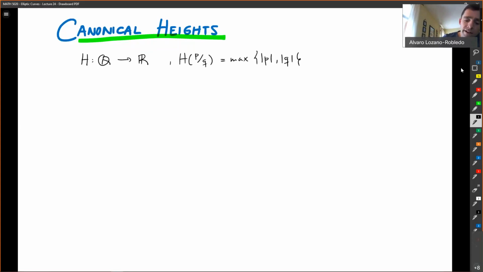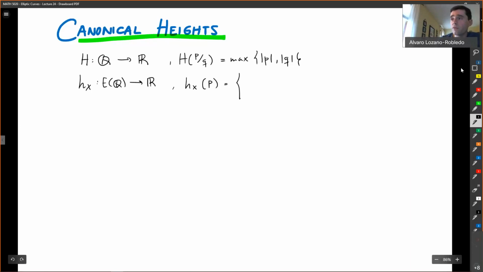Then we defined a height on an elliptic curve by taking the height of the x coordinate. But because the height grows exponentially with the multiples of a point, we take a log in there too, so that growth is not fully out of control.